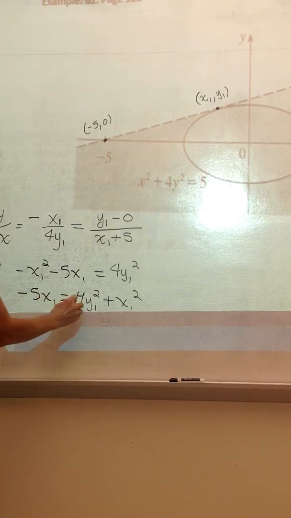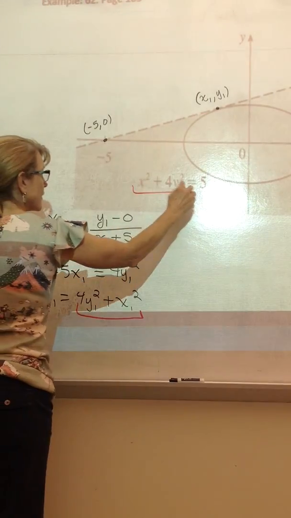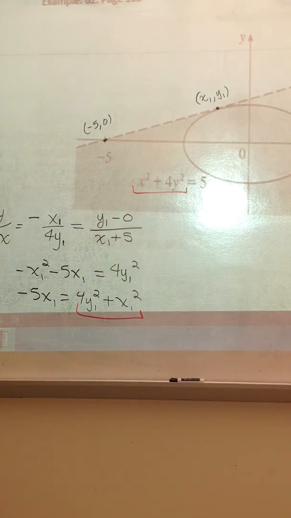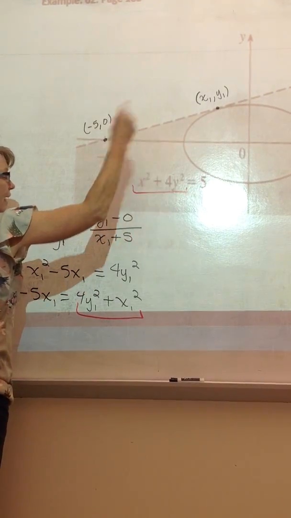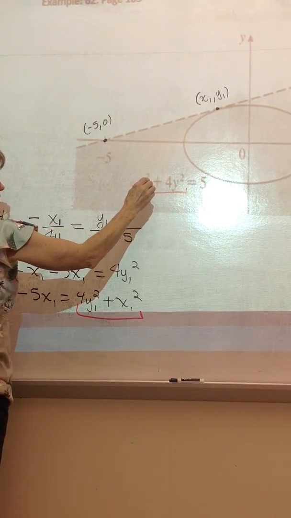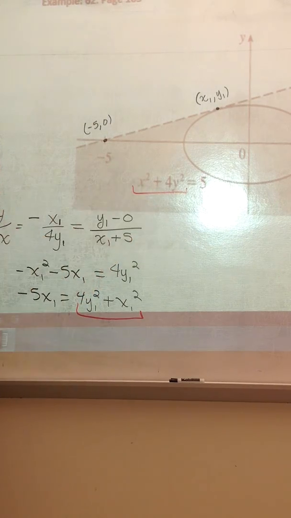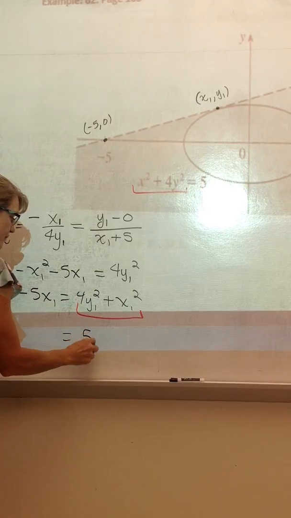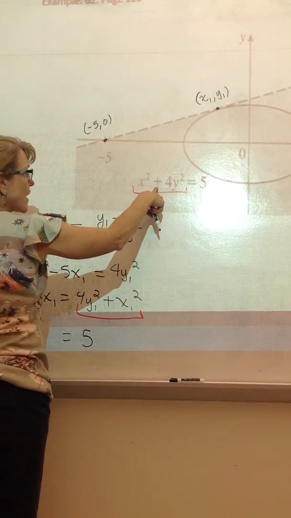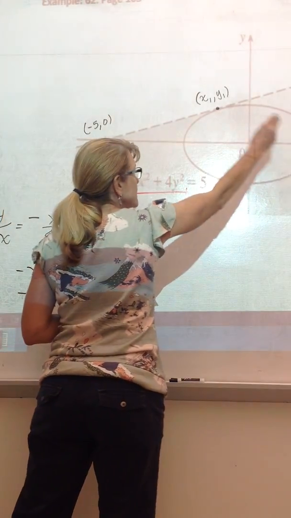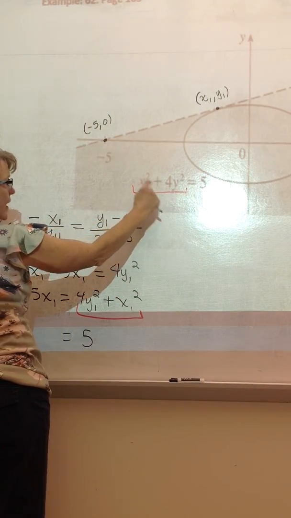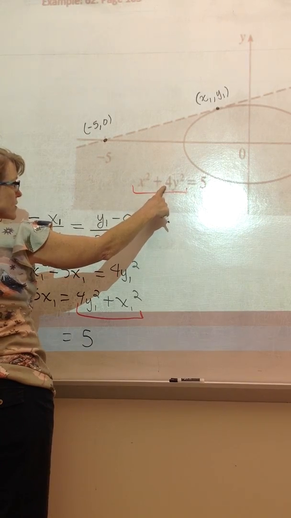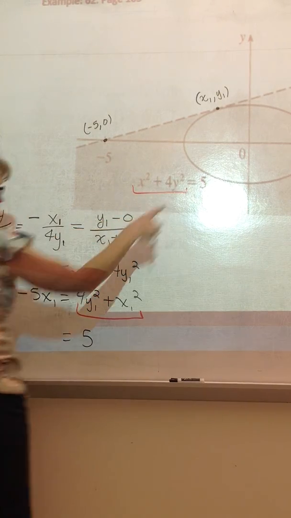If you notice, this matches that form. So because I know this point is on that ellipse, and this is the equation of the ellipse, then this should equal 5. Okay, this equation tells me that every point on this ellipse satisfies the condition that x squared plus 4 times y squared equals 5.